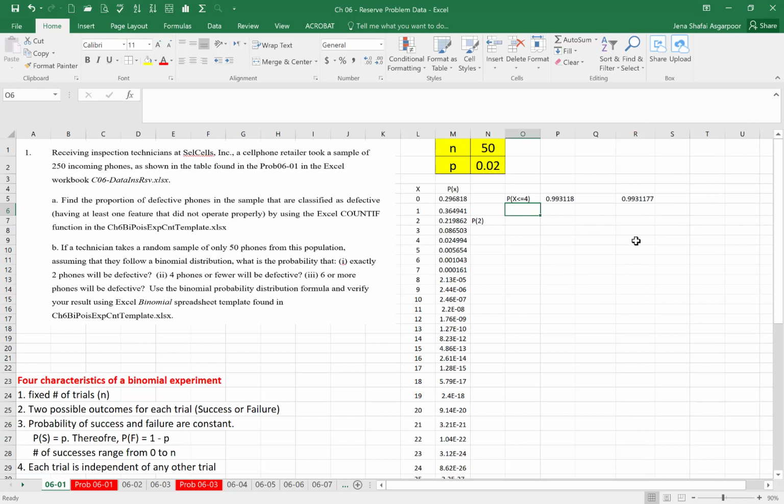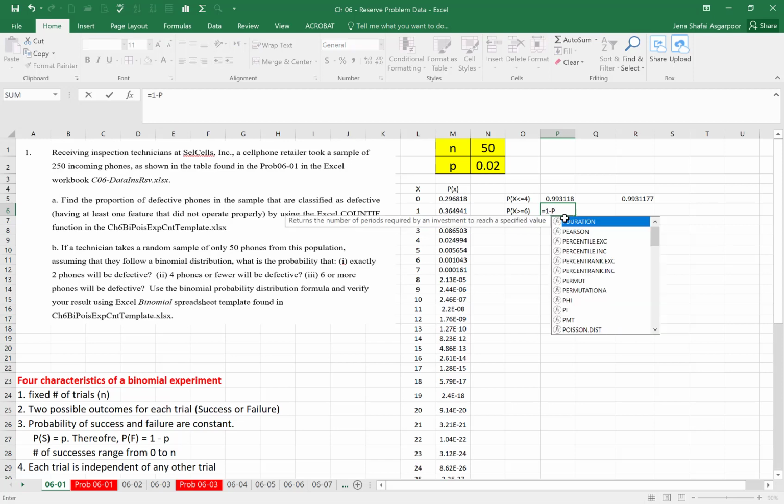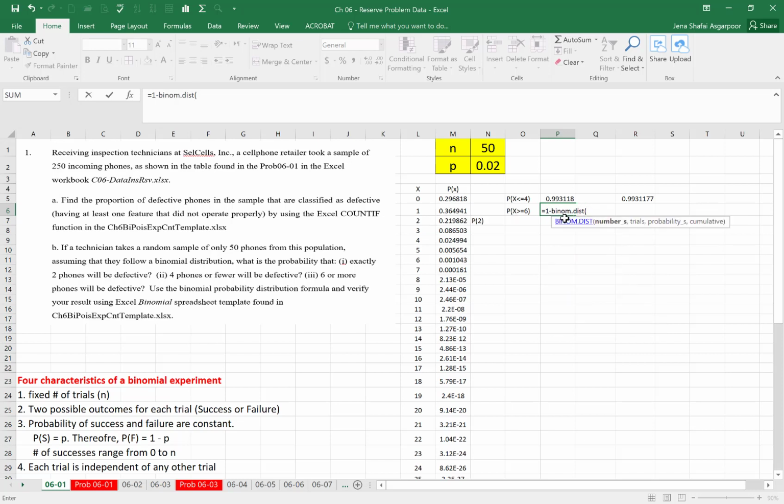Okay, and then another one is the probability that x is greater than or equal to 6, and this is equal to 1 minus... Oh, it says 6 or more phones being defective.